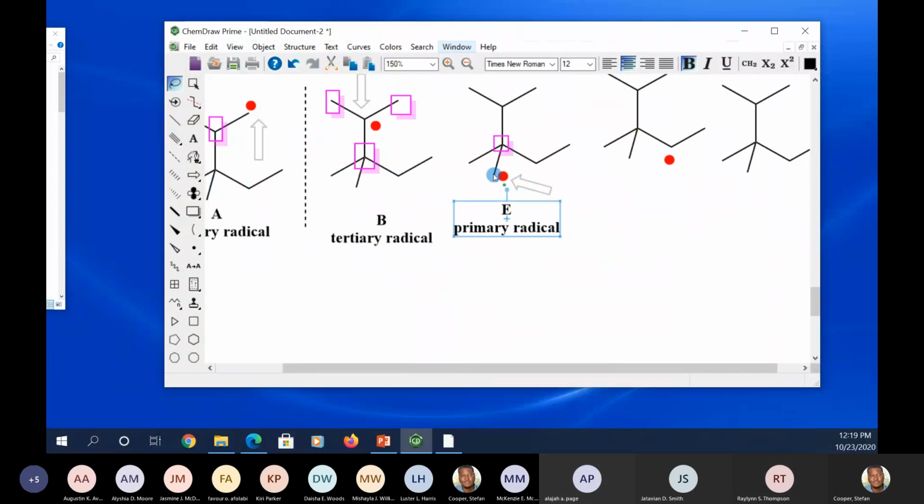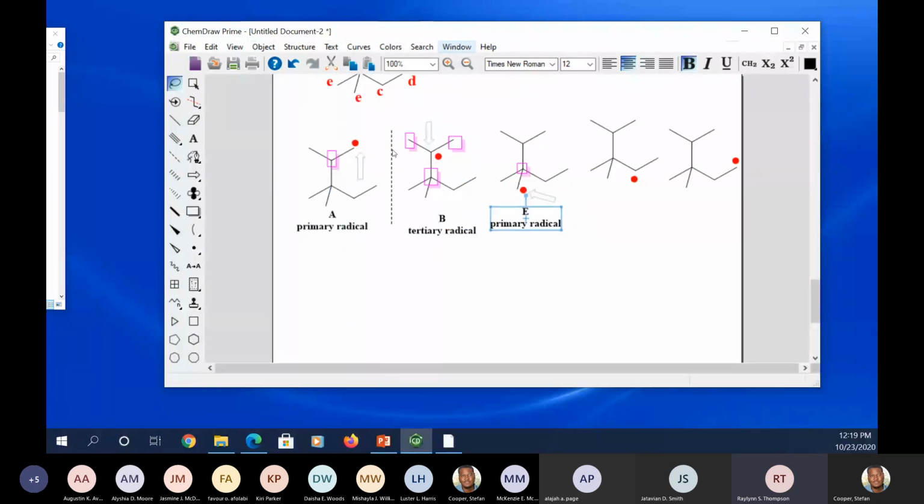How many carbons are attached to it? Only this one. Now this one has this carbon and that carbon attached to it. Not that carbon, right? Okay, good. That is a primary radical.